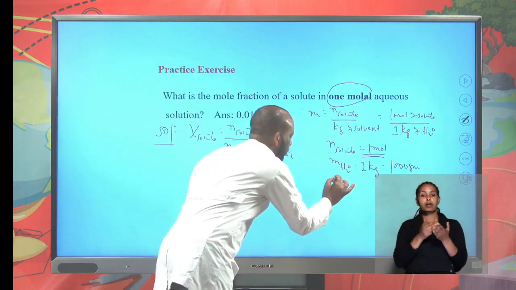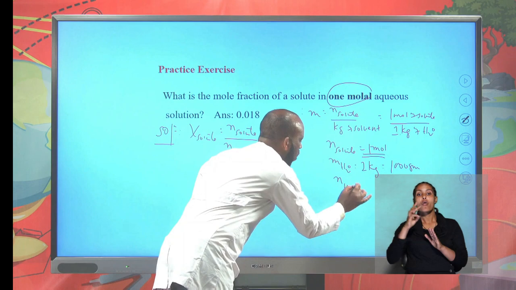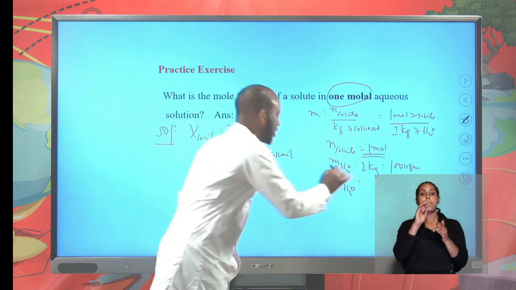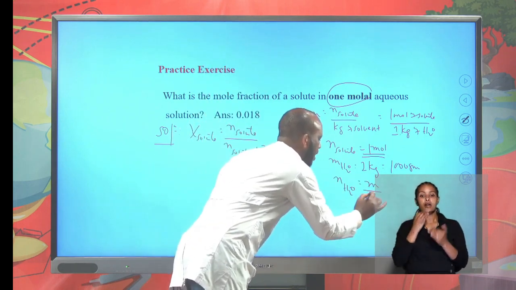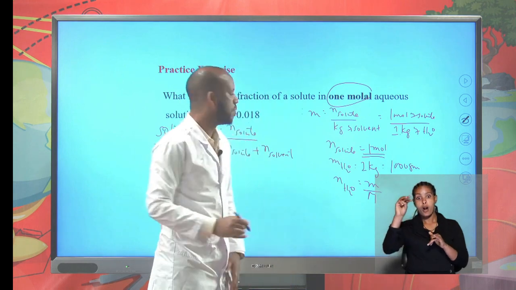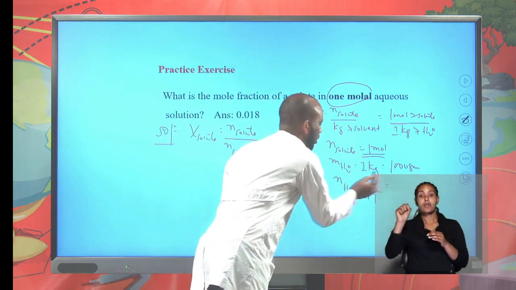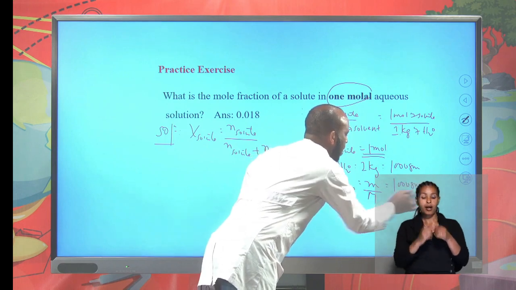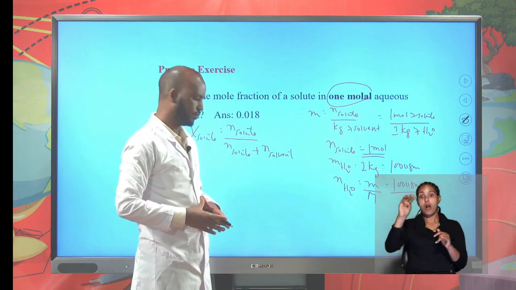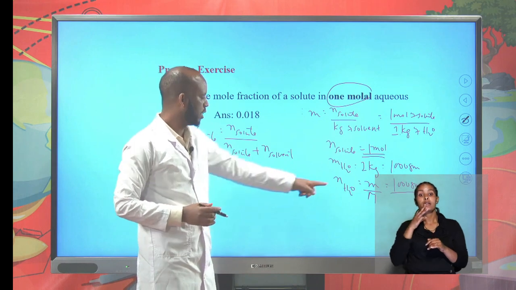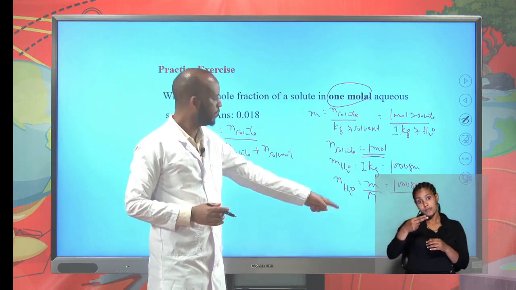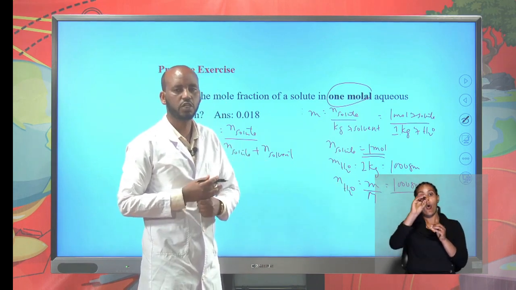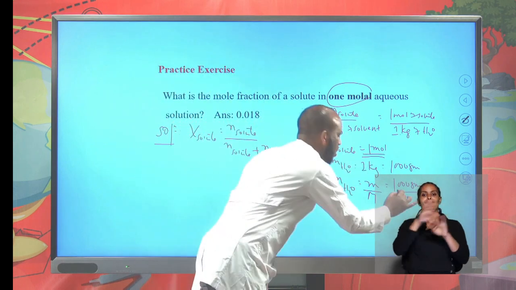Number of moles of water equals mass of water divided by molar mass of water. Mass of water here is 1,000 gram, divided by molar mass of water. Hydrogen 2 plus oxygen 16 is 18 gram per mole.